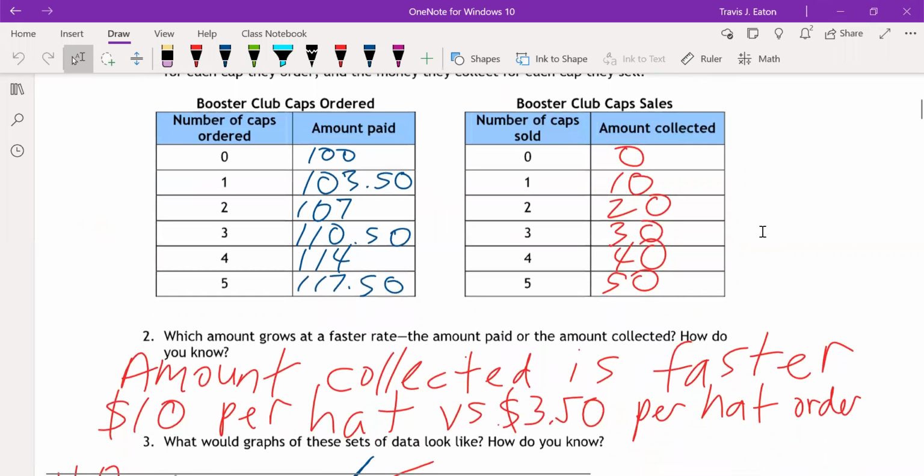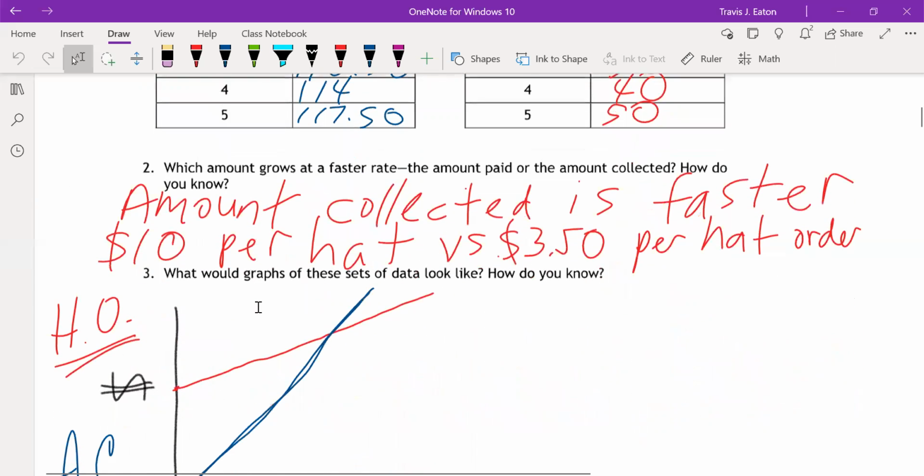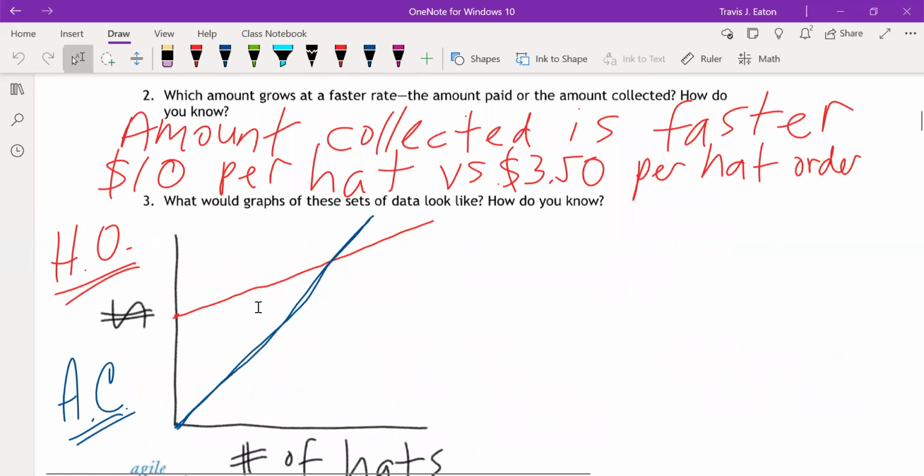And we talked about which amount would be growing at a faster rate, and it would be the amount that was collected because it was $10 per hat versus the $3.50 per hat on the order side. And then we just kind of sketched a graph of what it might look like.